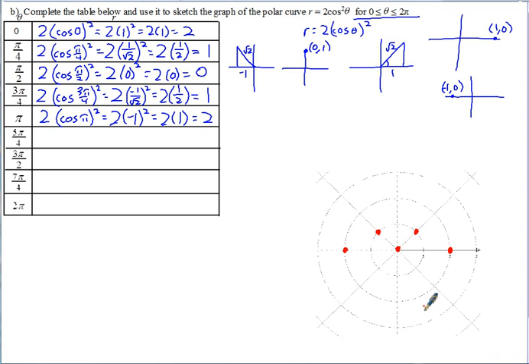Now let's try 5 pi over 4. Cosine of 5 pi over 4, right down there, 45-degree angle, negative 1 over root 2.